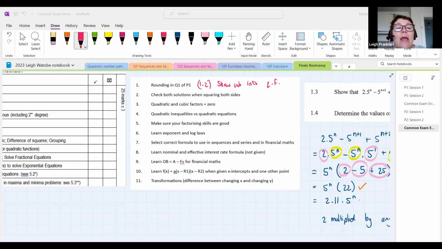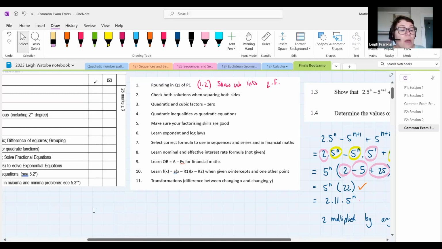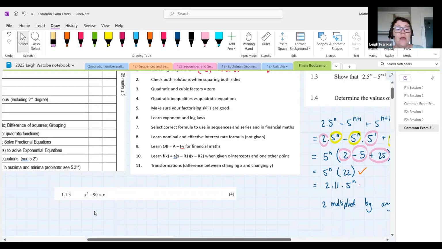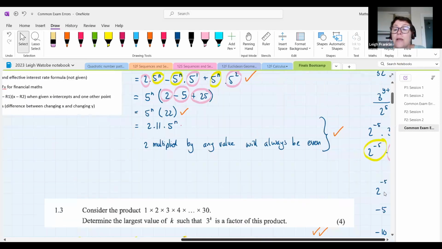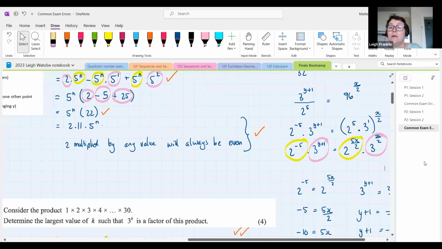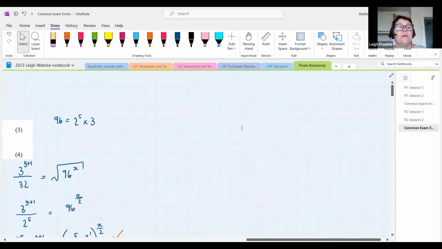So again, this comes out of your 2022 paper. I thought that this would be the most relevant one to give you. Okay, so let's put that over there. Do we have space? No. Hold on one second. Let's just scooch over to the side here. And let's put this up there.